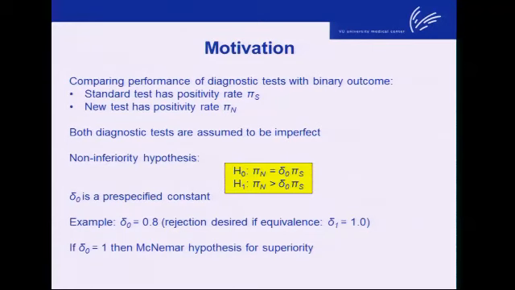Both of these tests are assumed to be imperfect, but we do not consider verification because in the examples we encountered, there were lots of cases in which verification was not possible for ethical reasons or because there simply was no gold standard available for diagnosis.